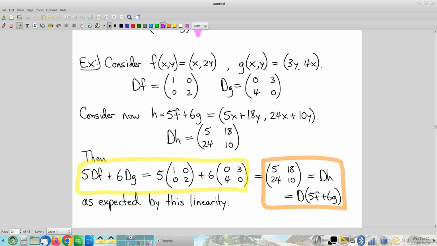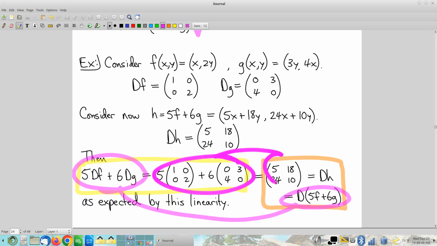So you can see here how that looks like a statement about linearity. There's that linearity statement about D. And you can see here how the arithmetic clearly works. It's just a matter of writing down the numbers.